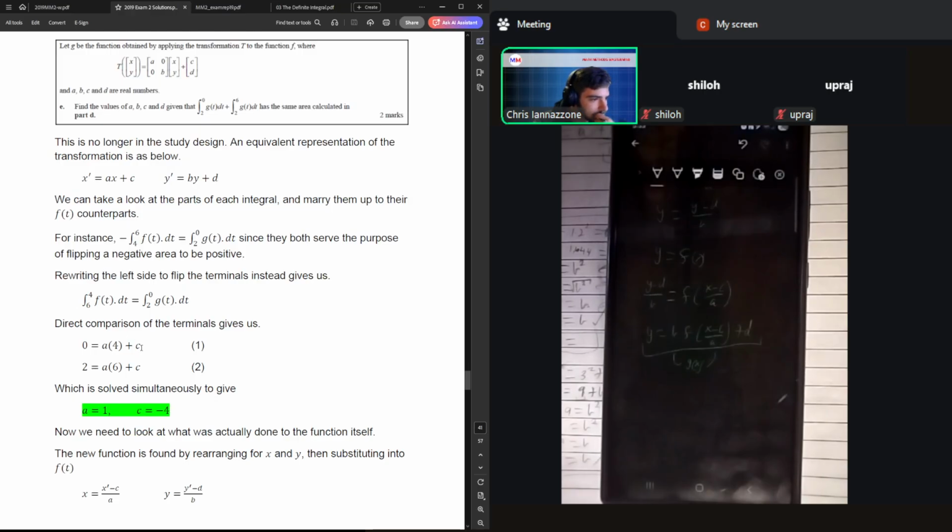And so instead of doing x dash y dash stuff, you could start saying, well, it's just a shift left by 4. And there's clearly no x dilation because otherwise you would have a different spacing. So you wouldn't necessarily need your x dash y dash stuff to figure that out. You could just flip it around and go, this is shifted 4 down, this would also be shifted 4 down.